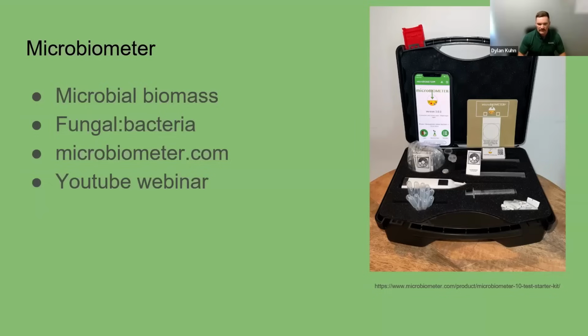You simply get your soil into a solution, pipette some of that solution onto cards, and as the color changes, it gives you an indication of the microbial biomass and your fungi to bacteria ratio. You can get these kits at microbiometer.com. We also have a YouTube video explaining this microbiometer and how it can be utilized on your operation.